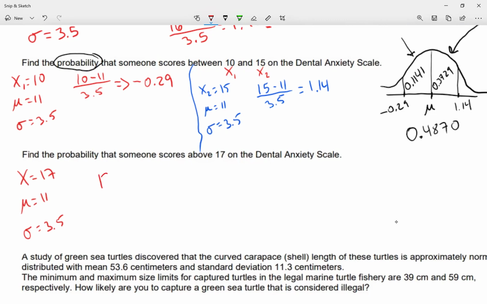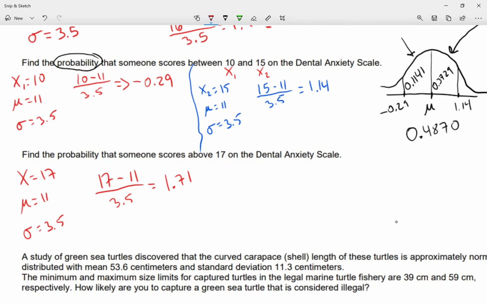I'm gonna go 17 minus 11 over 3.5. 17 minus 11 is 6. 6 divided by 3.5. Round your answer to 2 decimal places. I'm going to call this 1.71. Okay, so my z-score is 1.71.